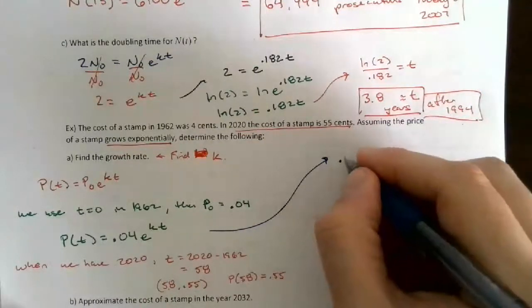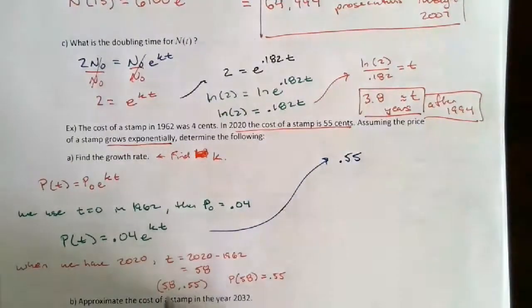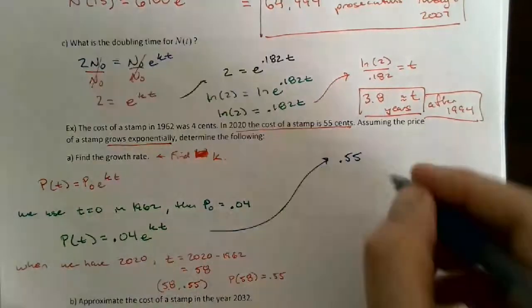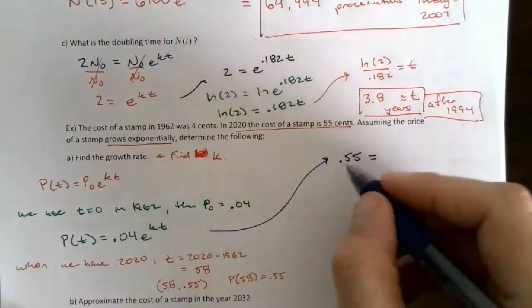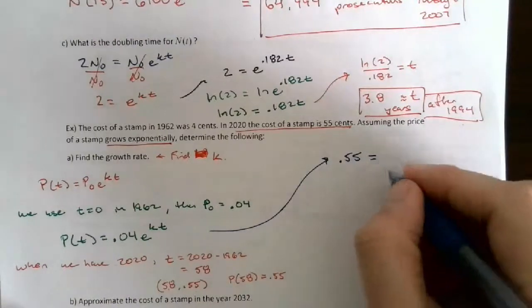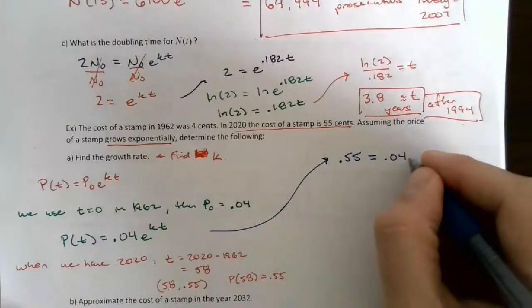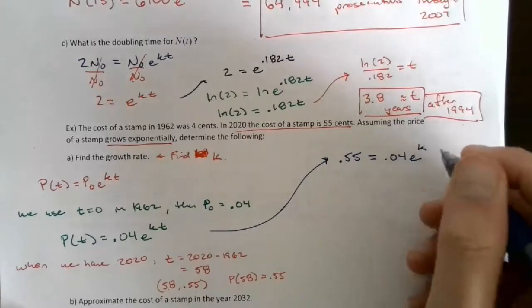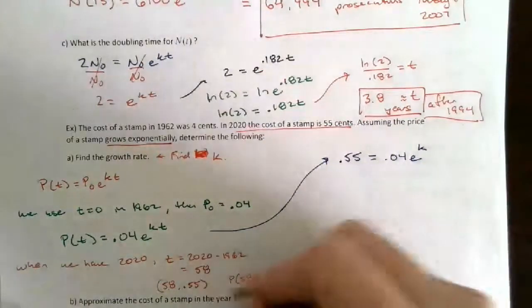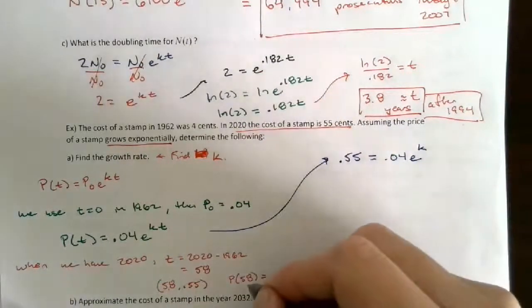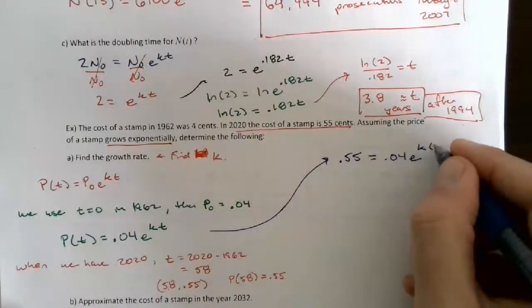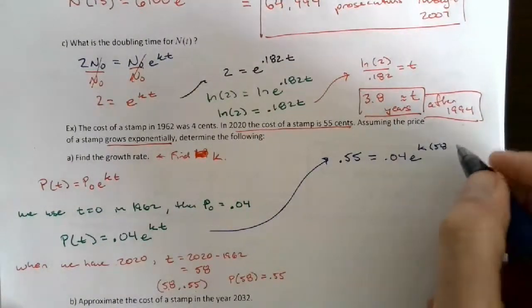So I end up with 0.55, because I'm looking at this very specific point in time now. P of 58 is 0.55, that's the left side, the price of a stamp in 2020. It's equal to 0.04 times e to the k times t. Remember, this is specific now: 55 cents was when the time was 58 years, so k times 58.